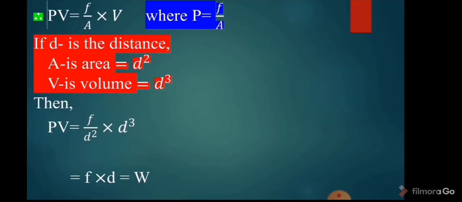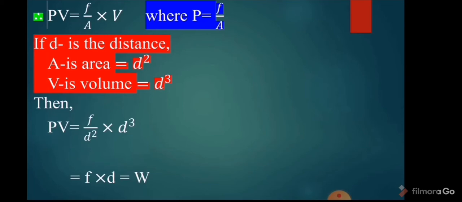Therefore, PV is equal to F upon A into V, where P is the pressure of the gas, the force per unit area, P is equal to F upon A. If D is the distance, A is the area equal to distance squared, and V is the volume of gas equal to distance cubed, then the above equation can be written as PV is equal to F upon D square into D cube.